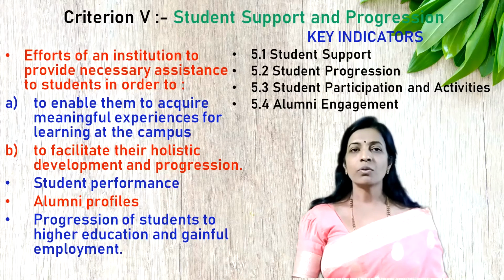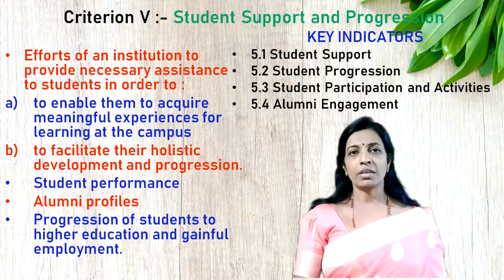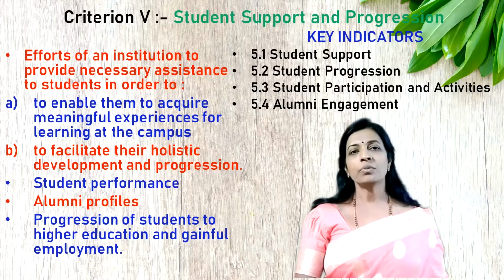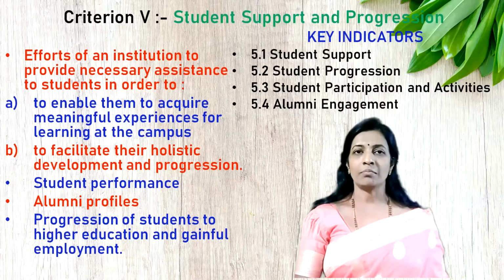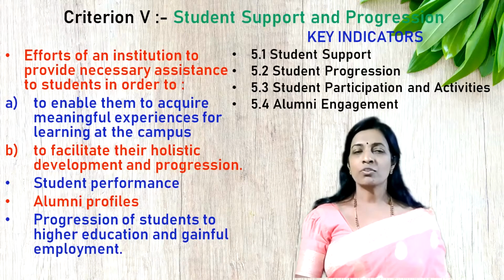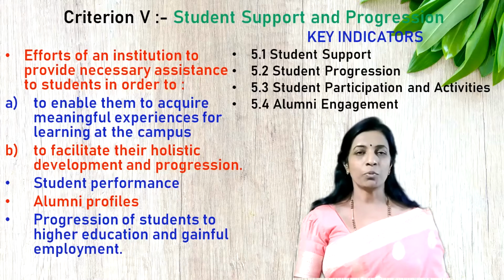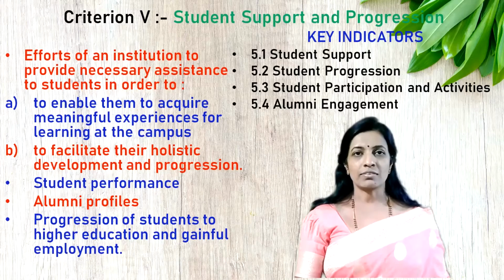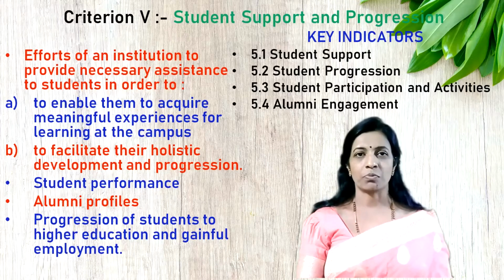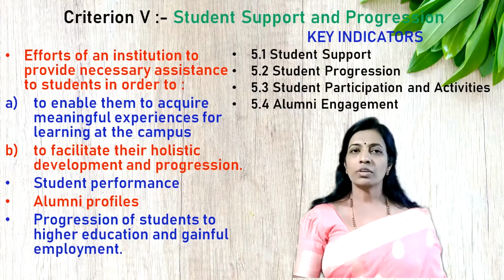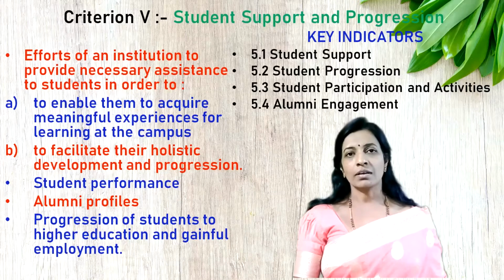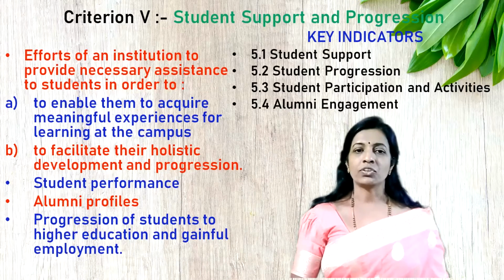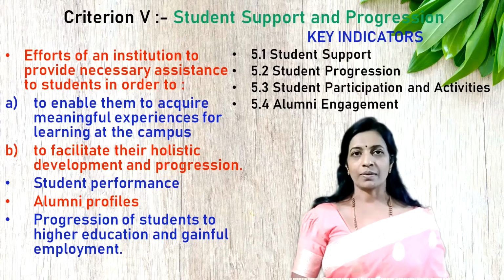Here also emphasis is given to the alumni associations and how the assistance of the alumni is being taken up for student support activities and for mobilization of resources. So, the higher education institution which intends to go in for the NAAC assessment and accreditation process has to look into these aspects when they are trying to develop the supporting documentation for the fifth criteria.